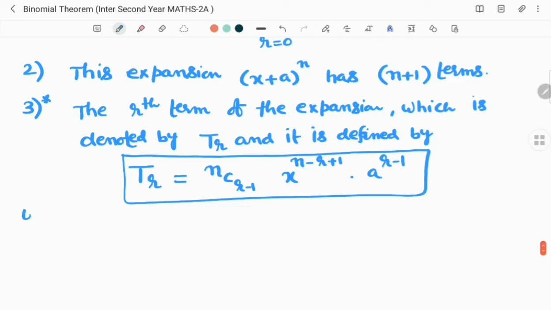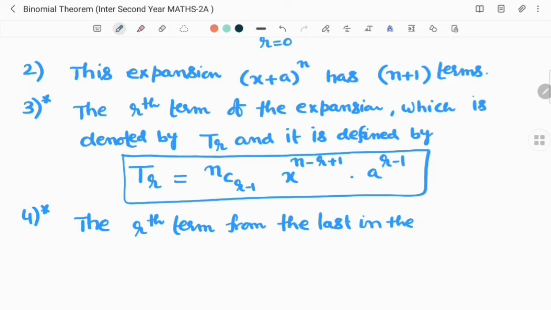And one more important point, not only for intermediate but also for competitive exams. The rth term from the last in the expansion is T_(n-r+1).